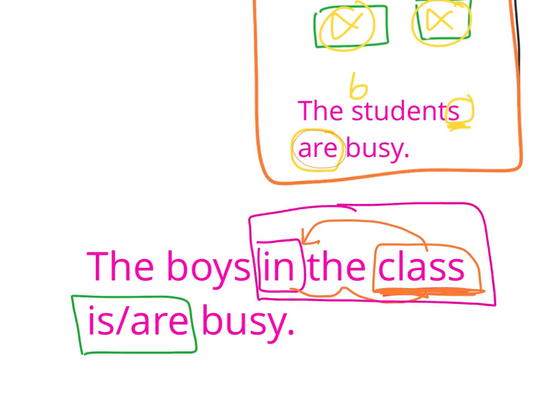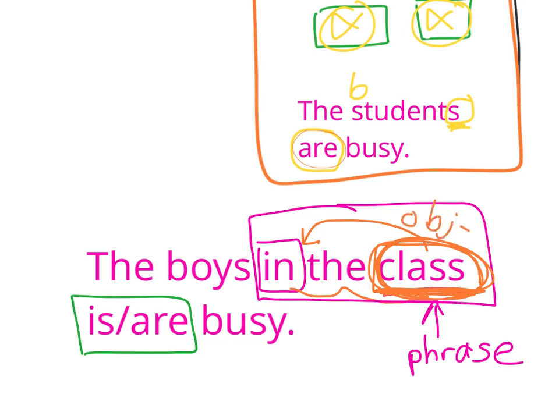So inside that pink box is a phrase. It is a prepositional phrase, and it ends with a noun, and we know that the noun at the end of a prepositional phrase is an object, and we know that that can never be the subject of a sentence.